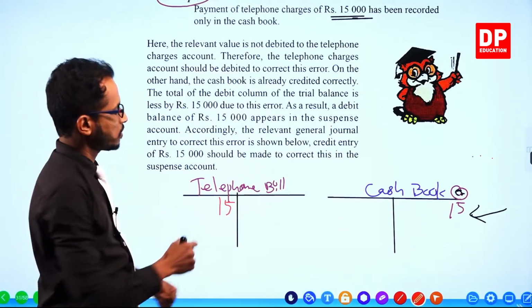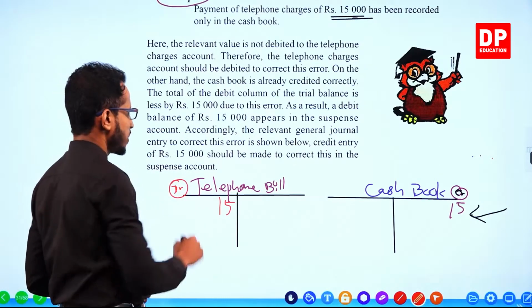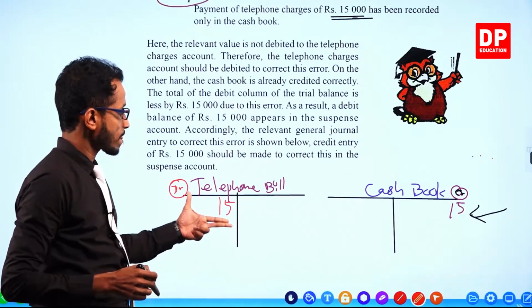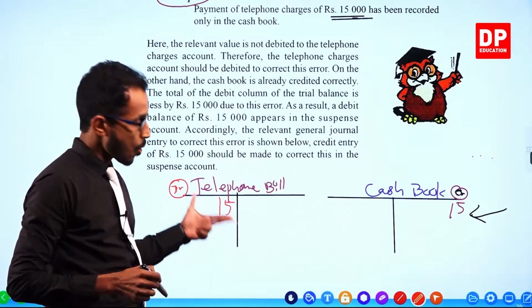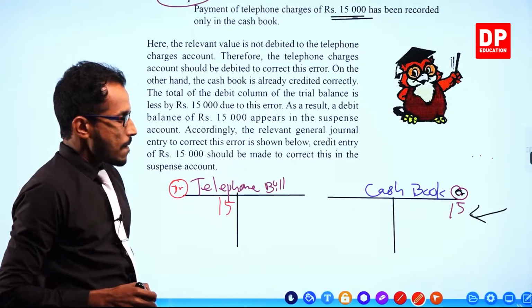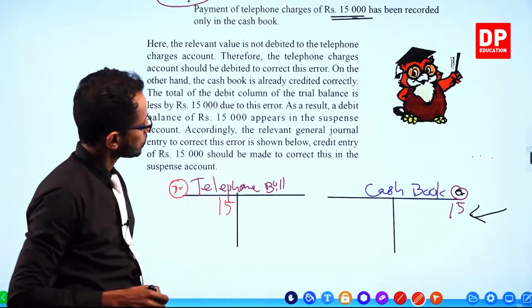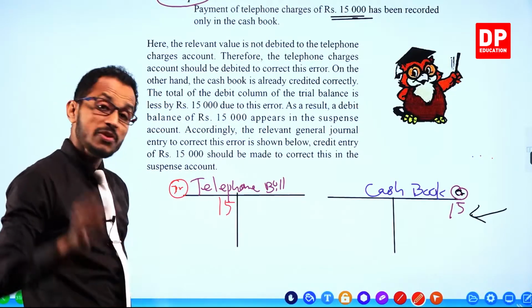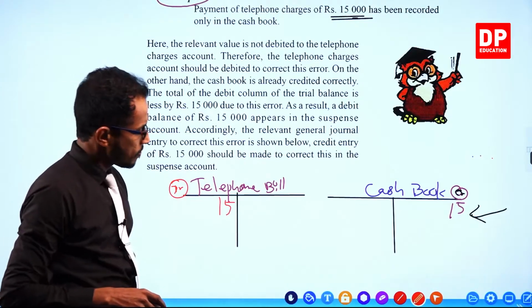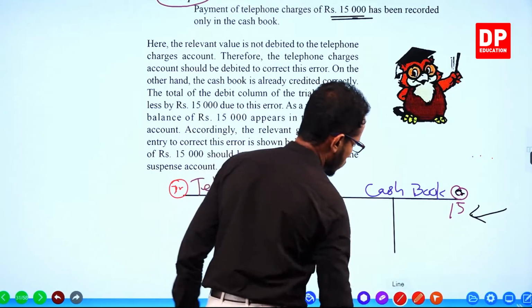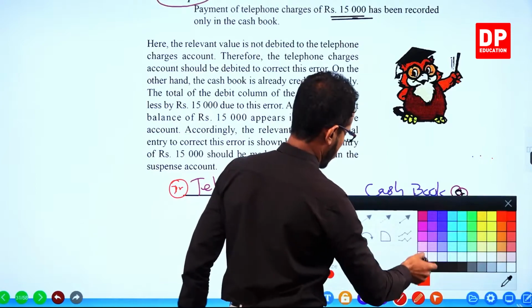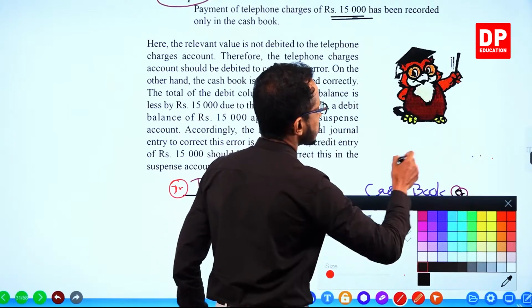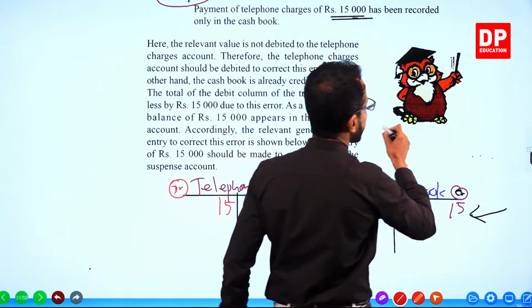Telephone bill account, debit, 15,000. But before I go on, I'm going to draw a trial balance here, a small one.